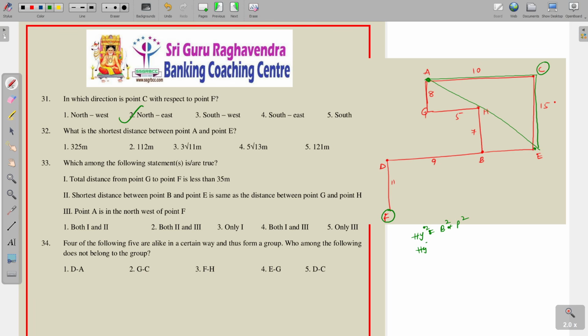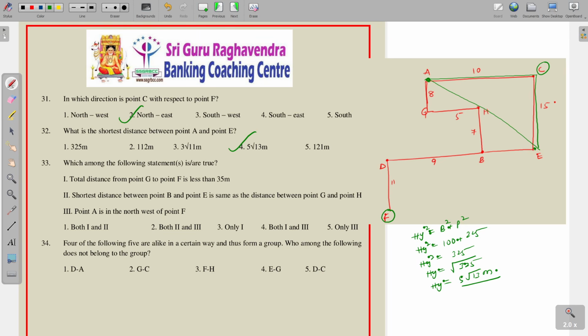So hypotenuse square equals base, which is 10 square, that is 100, plus perpendicular, in the sense 15 square, that is 225. Then hypotenuse square equals 100 plus 225, that is 325. Then hypotenuse equals root 325. Finally, what is the hypotenuse? That is the shortest distance between A and E, that is 5 root 13 meters. Option 4 is the answer.